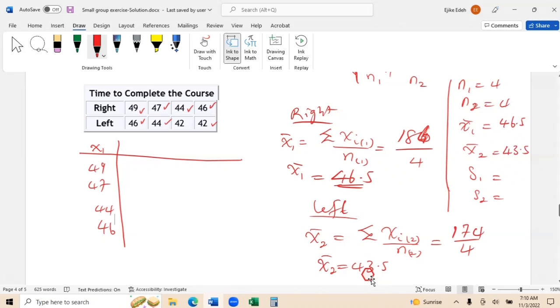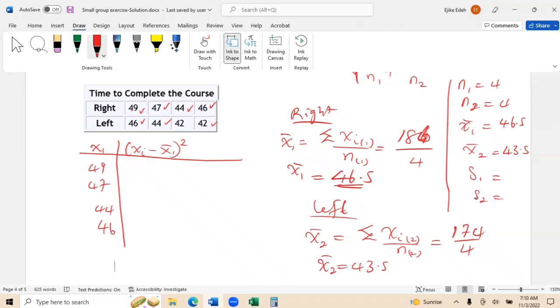Okay, another interesting shape came out here. So I'll go ahead to get their standard deviation. I already started working on group 1 here, so let's complete it. Here I'm going to have xi for group 1 minus their mean, squared.